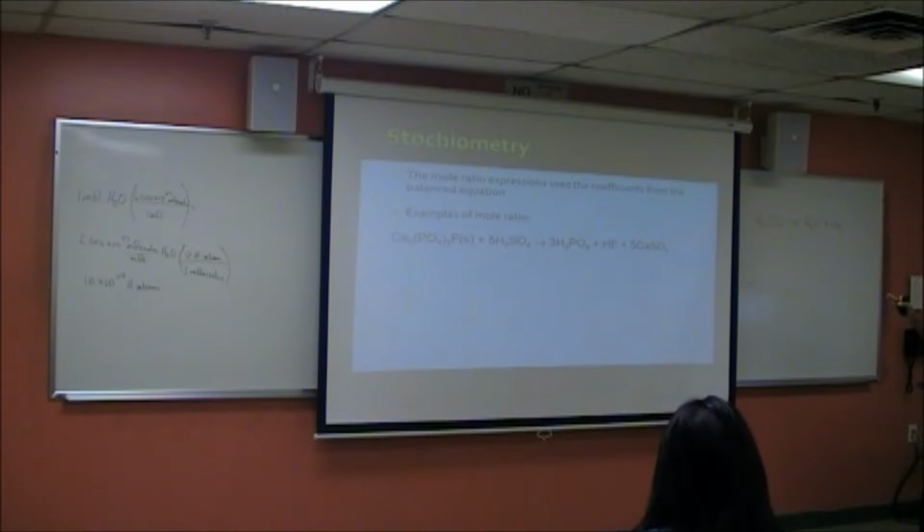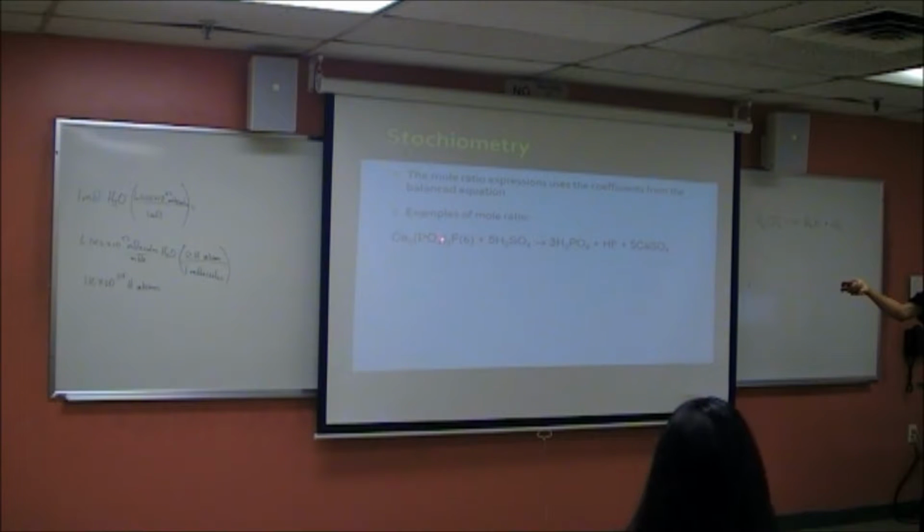Okay? Now, we're going to go reactant to products. 1 mole of calcium phosphate fluoride for 3 moles of phosphoric acid. Again, 1 mole of calcium phosphate fluoride for 1 mole of hydrofluoric acid.